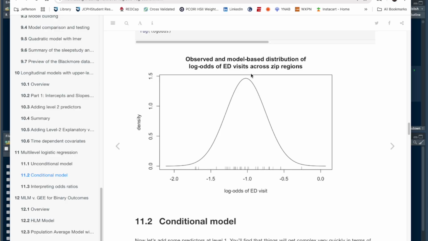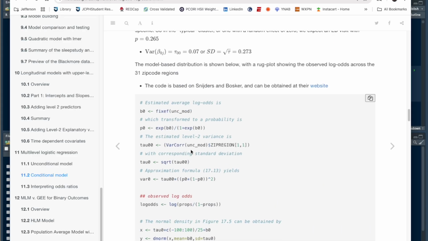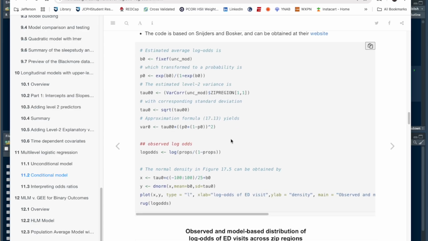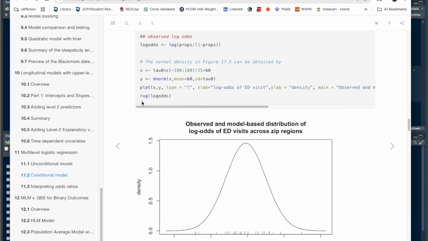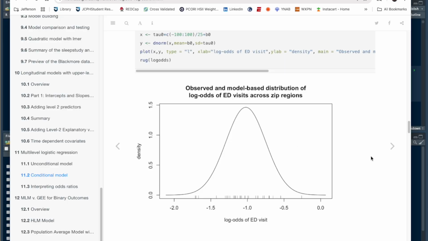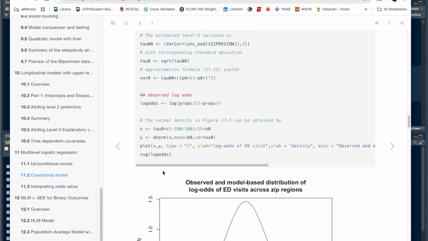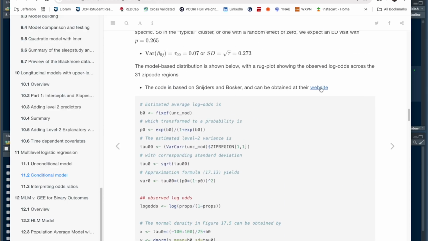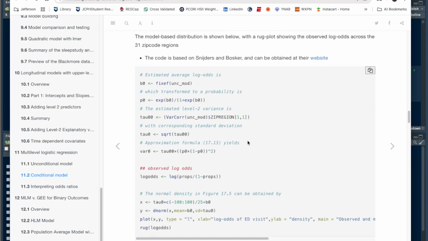This is a normal distribution that I've drawn based on the model. Right? That's what this part is. Taking things from the model, turning them into something that can be used to plot normal distributions. So if you're interested, you can take a look at the code and the Snijders and Bosker book about sort of what's going on here.